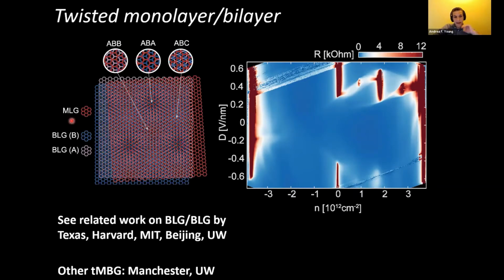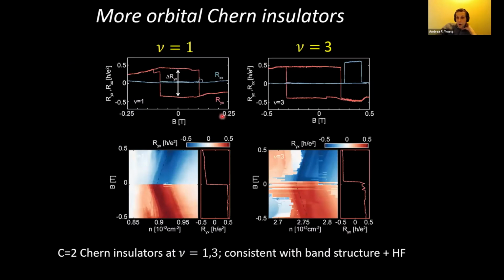Now, because the Bernal bilayer is tunable by displacement field, you can tune the electronic structure by displacement field, and you find that there's a regime of displacement fields and densities where indeed you see correlated insulator type behavior at nu equals 1, 2, and 3. And in fact, nu equals 1 and 2 are quantum anomalous Hall states.